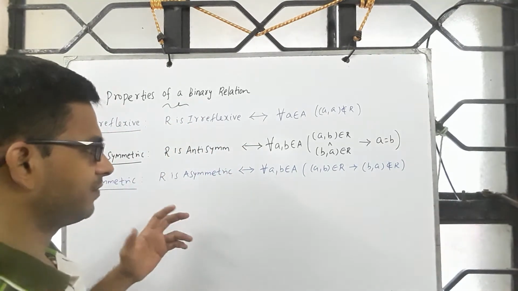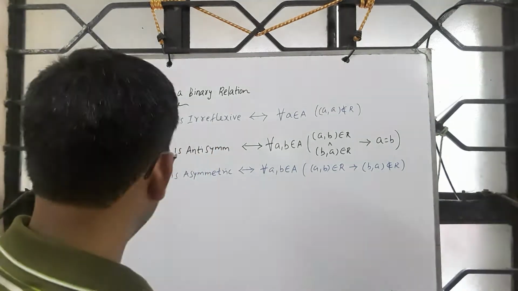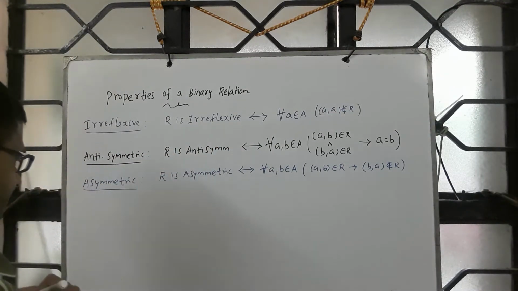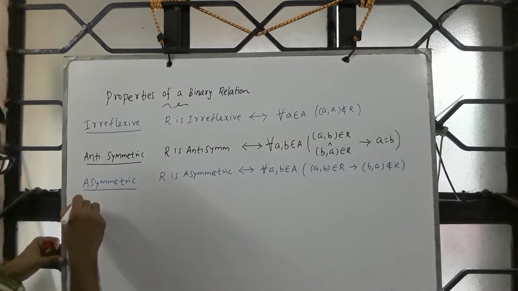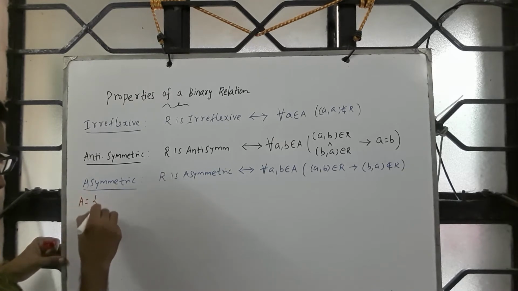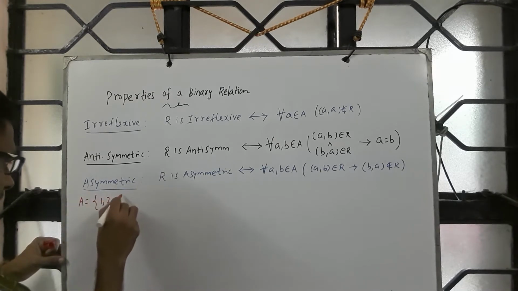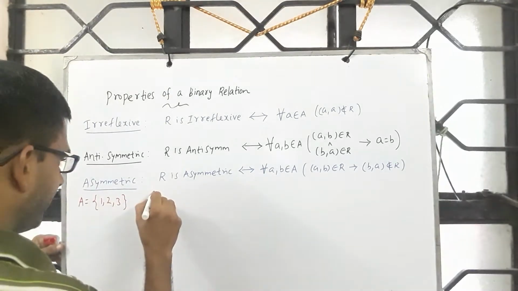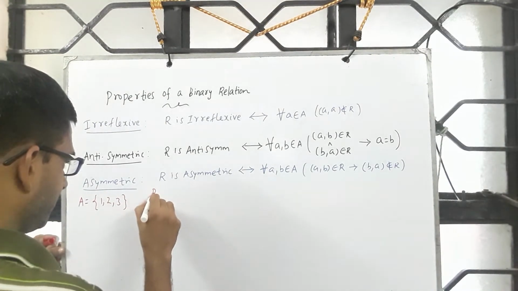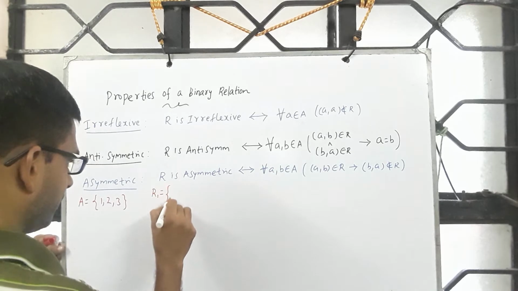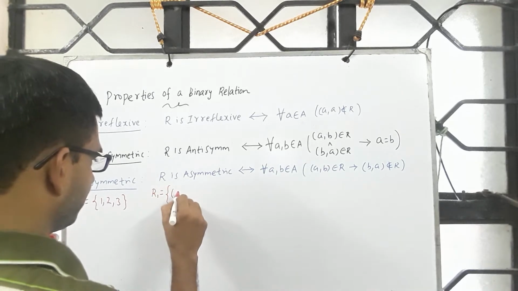Let's look at a couple of examples so that one can understand the definitions better. As always, let's take a set and a couple of relations defined on it. This way we can appreciate the definitions much better.